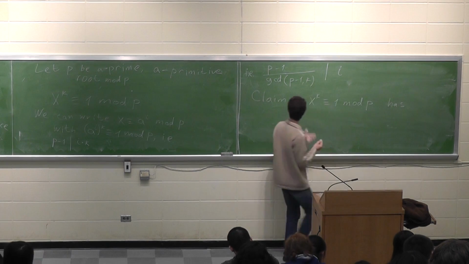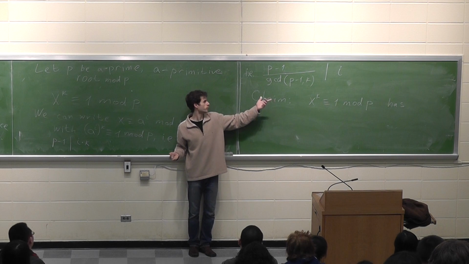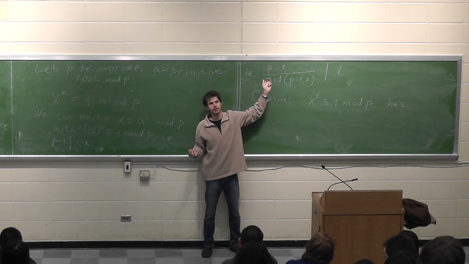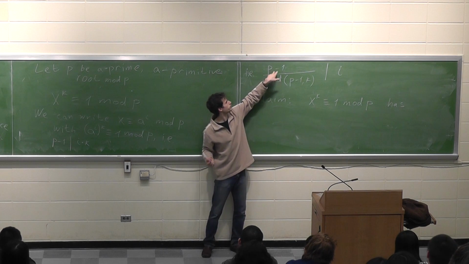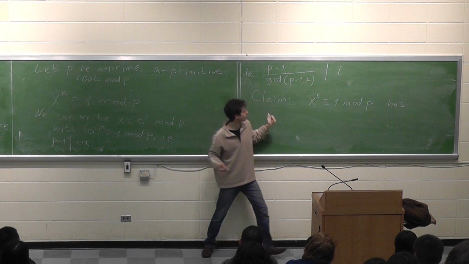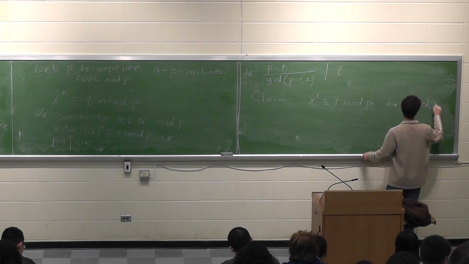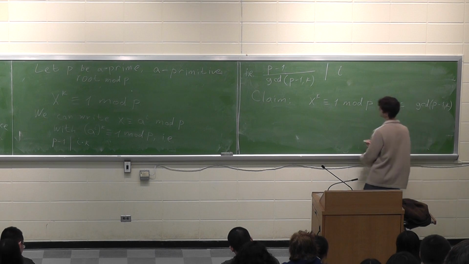How many distinct solutions do I have? I want all possible multiples of this number, and I want only those which are at most p minus 1. So there are GCD of p minus 1 and k different solutions.